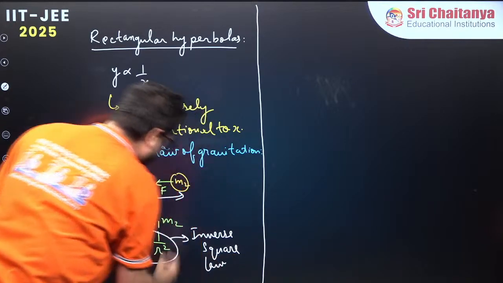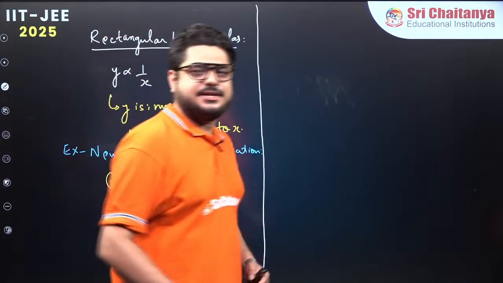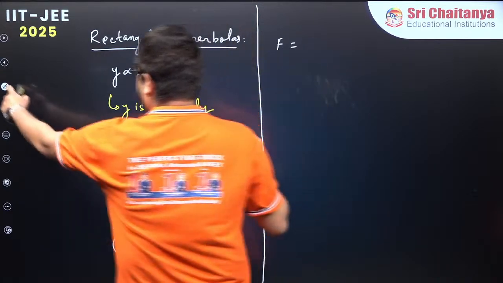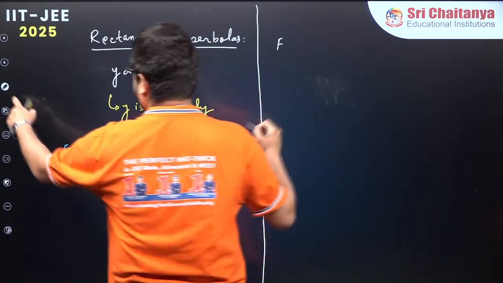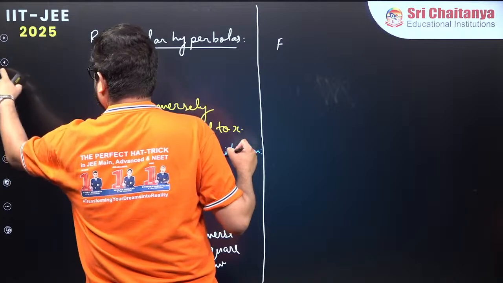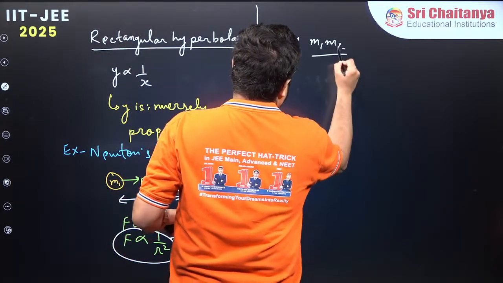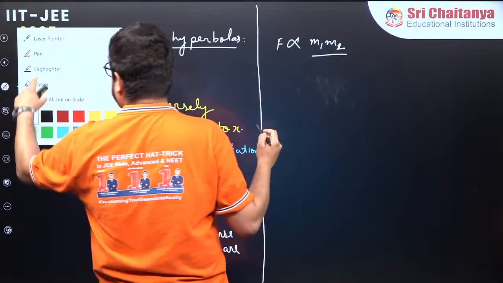Based upon this, if I combine these two, I get that F is proportional to M1 M2 by R square, and there has to be some proportionality constant.